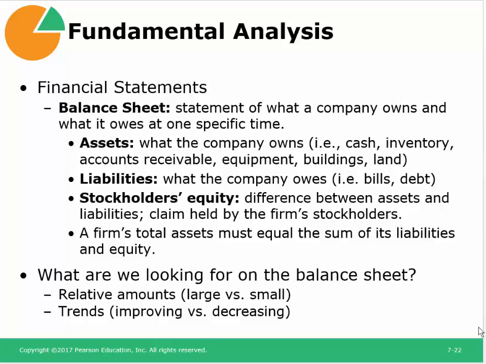So total assets has to be equal to what we owe, the liabilities, plus what we own, the equity. So what things do we look for in balance sheets? We look for the relative amounts. Is the company growing or shrinking? We look for trends. Is the company improving or is it not improving?